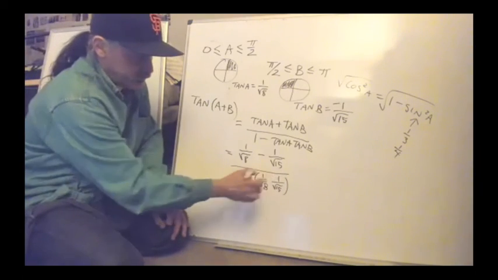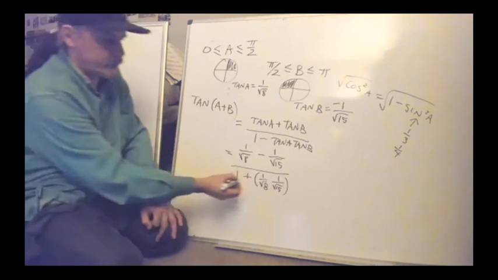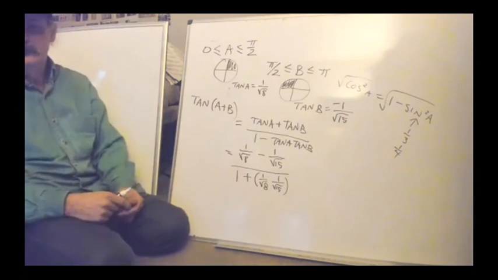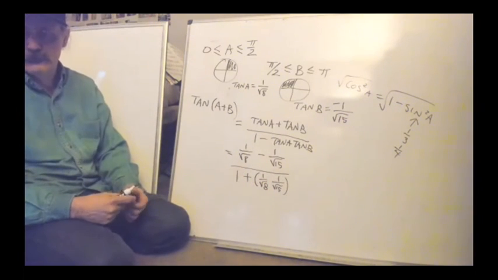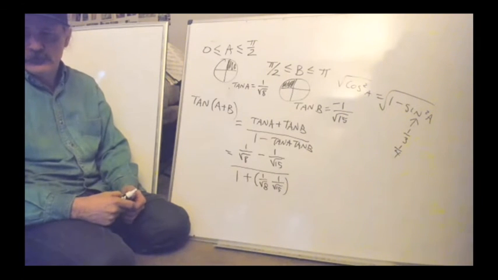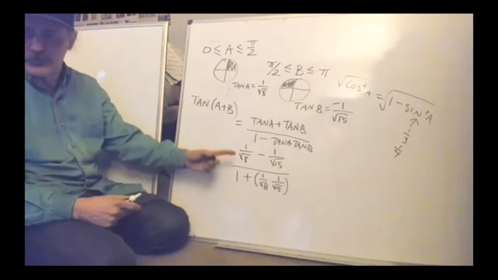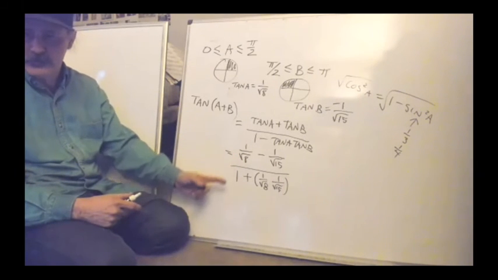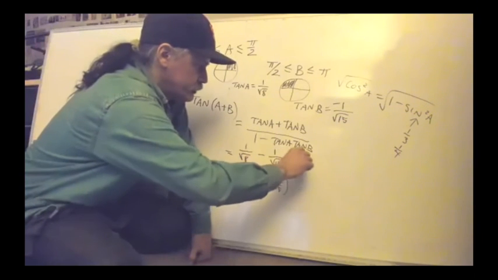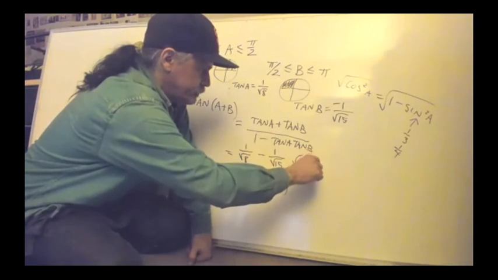I'll just go ahead and erase that minus and put a plus there. Now, this is why I suggested not rationalizing, because right now you can multiply top and bottom to get rid of the denominators a lot easier. So you can just multiply top and bottom by root 8, root 15.